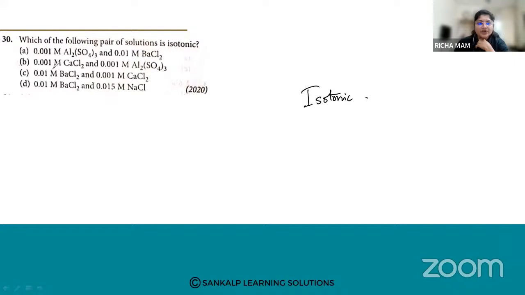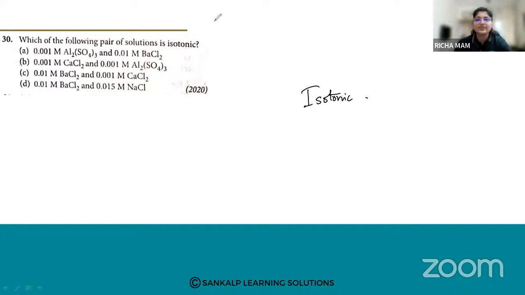B: 0.001 molar CaCl2 and 0.001 molar Al2(SO4)3. C: 0.01 molar BaCl2 and 0.001 molar CaCl2. D: 0.01 molar BaCl2 and 0.015 molar NaCl.